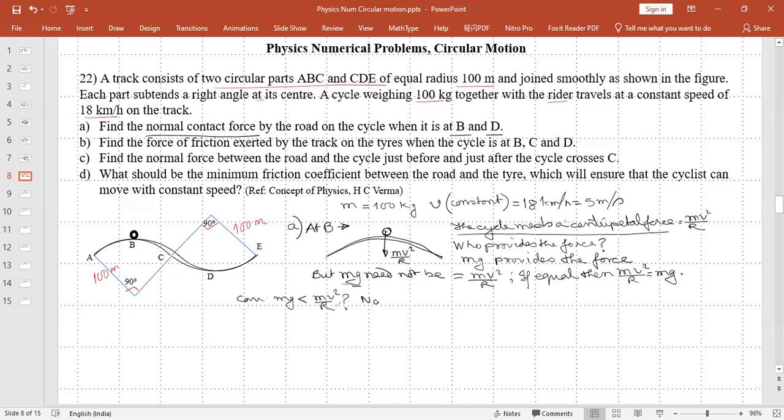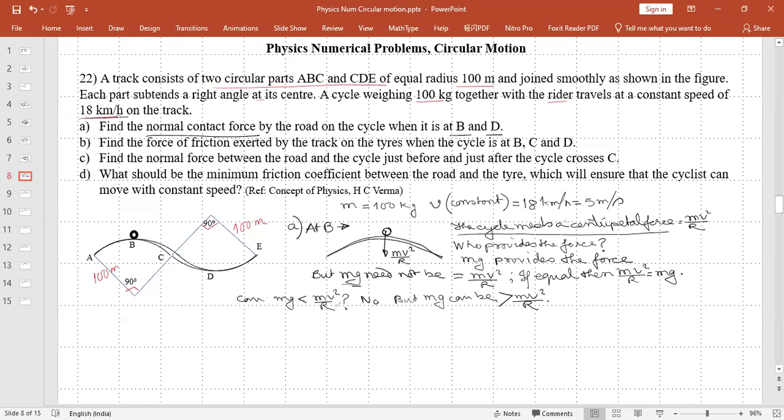It cannot run at the constant speed of 18 kilometers per hour. And in fact, you have to always make g equal to v square by r. But mg can be more than mv square by r.